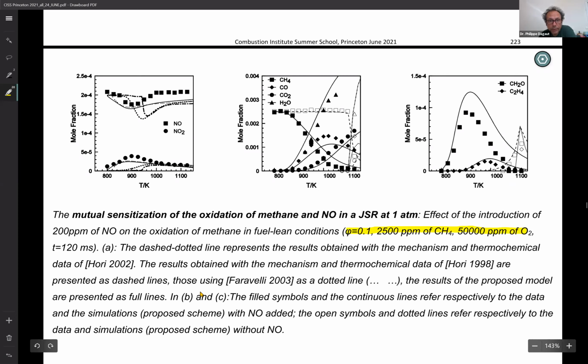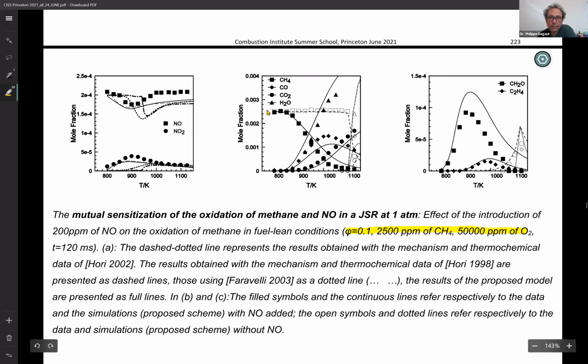When we have, for the open symbols, no NO added, we get this regarding the consumption of the fuel.